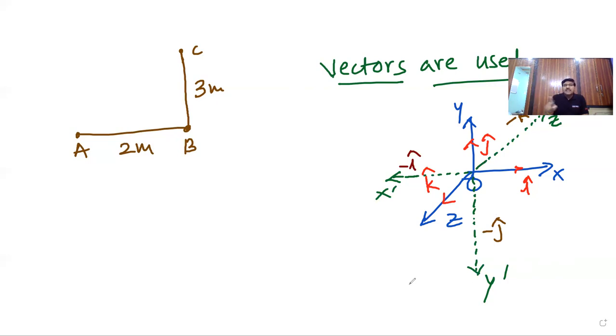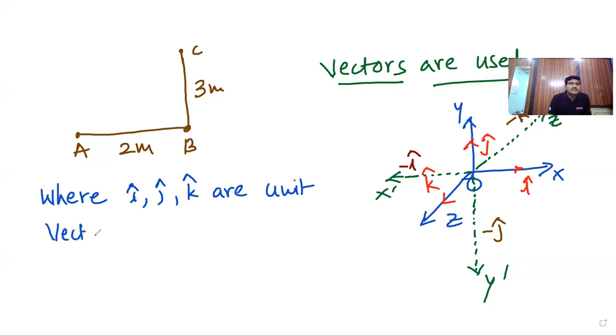Here I clearly write: i cap, j cap, k cap are unit vectors along the positive x, positive y, positive z axis.